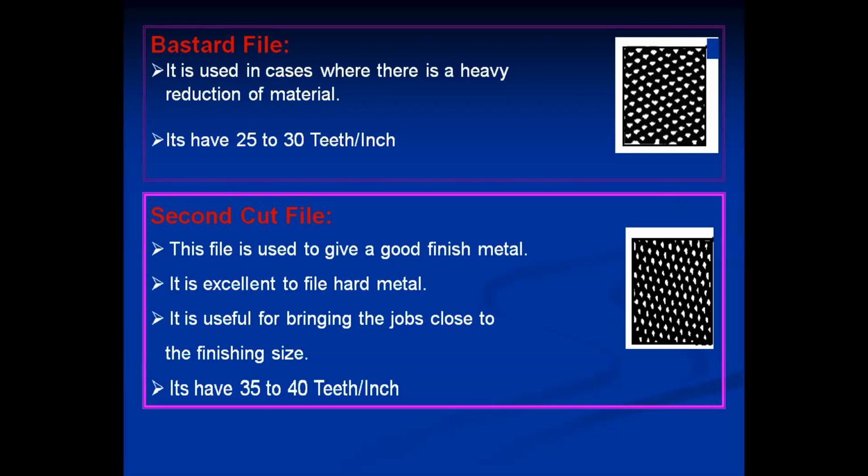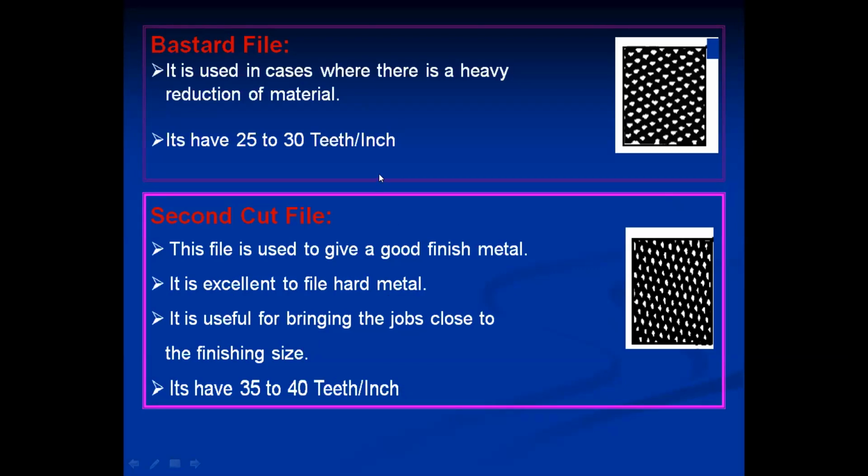The second cut file is useful for bringing the jobs close to the finishing size. So after filing, we are using a second cut file to bring the jobs close to finishing size, and it has 35 to 40 teeth per inch.